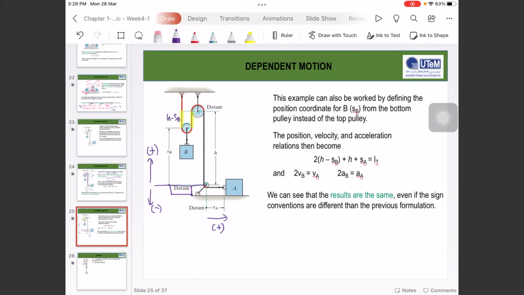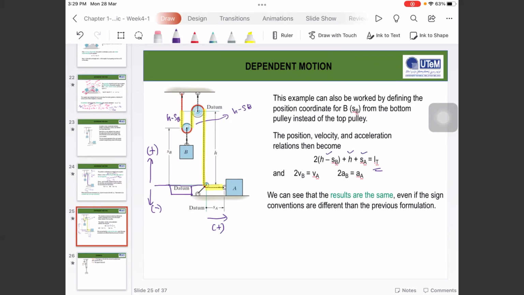H minus SB juga. H minus SB. Right? And then this length, H. Okay. That length is H. And then what is this length? This length is SA. Okay. SA. So tambah je lah. So you have 2 H minus SB plus H plus SA is equals to total length of the rope.